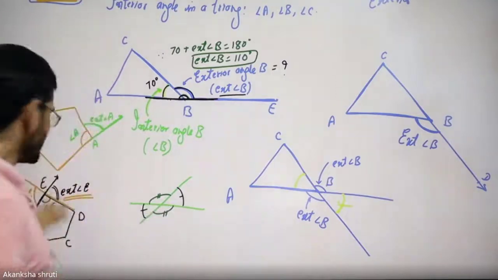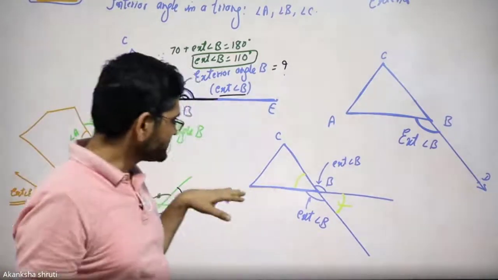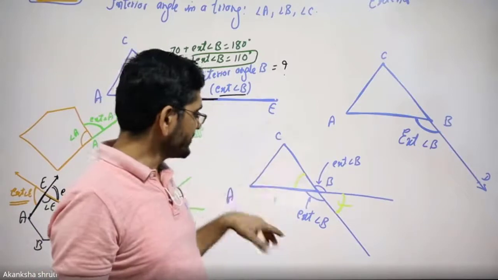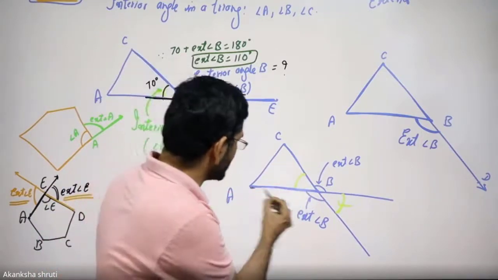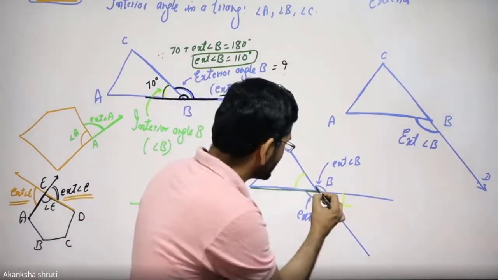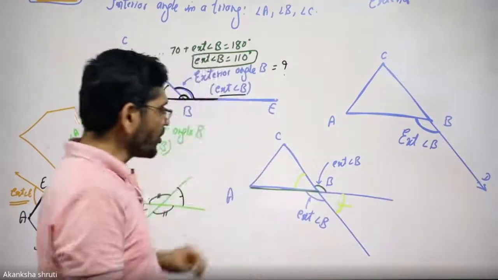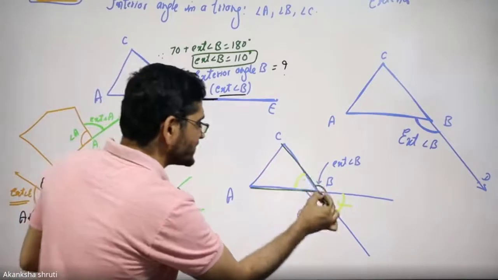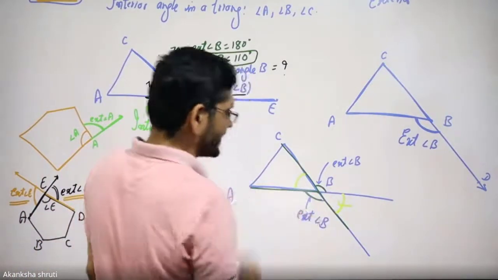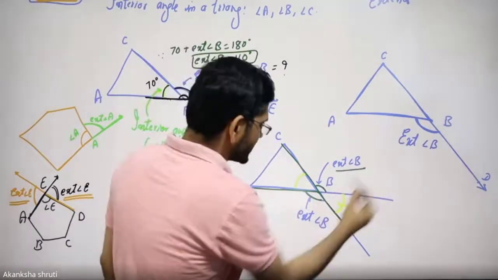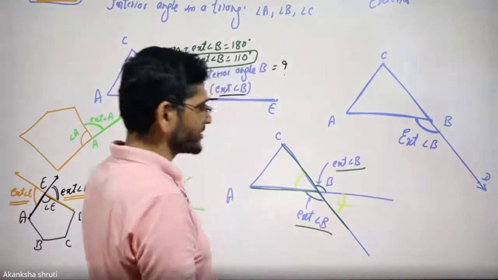Students, this condition was also explained here. Consider this triangle ABC. External angle at B means you need to extend AB this way. This was the external angle. You are also free to extend CB this way. Then with this side, it will be the external angle. And these external angles are the same because they are vertically opposite.